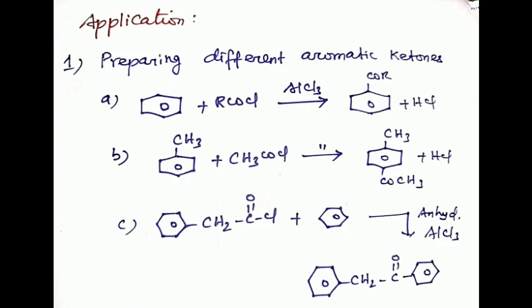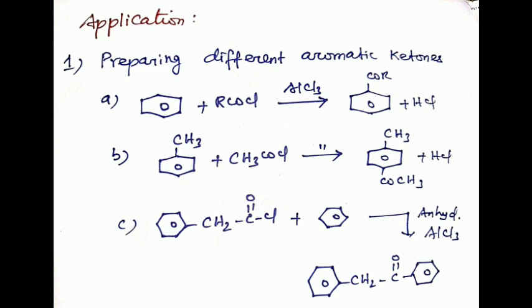Now we discuss applications of Friedel-Crafts acylation. First, the Friedel-Crafts acylation is mainly used for preparing different aromatic ketones. For example, benzene combined with an acyl halide in the presence of a Lewis acid forms an aryl ketone.